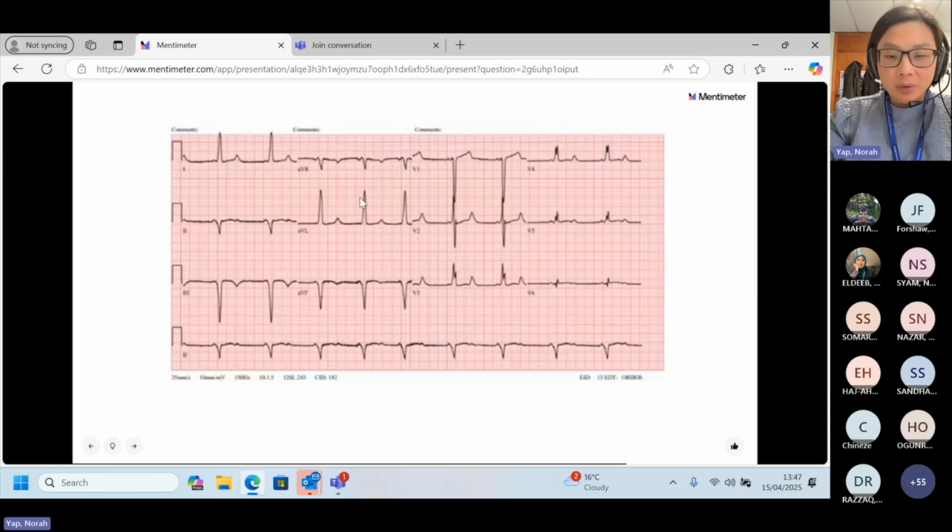The most obvious leads are literally everywhere, but for your eyes, so you've got very short PR interval, and then you've got the delta wave and broad QRS complexes. Those are the 3 triads of ventricular pre-excitation, or what people call delta wave.